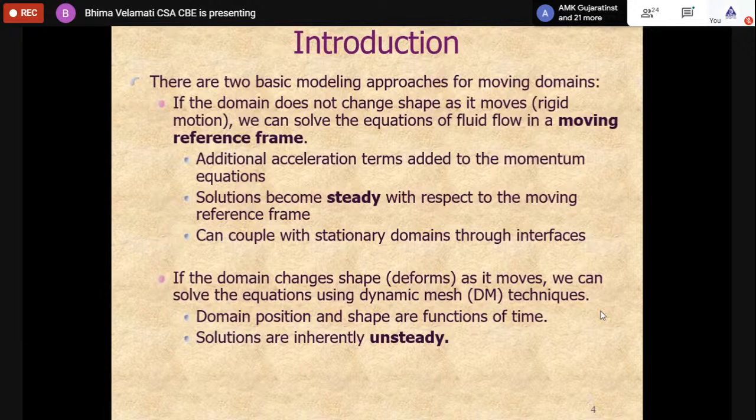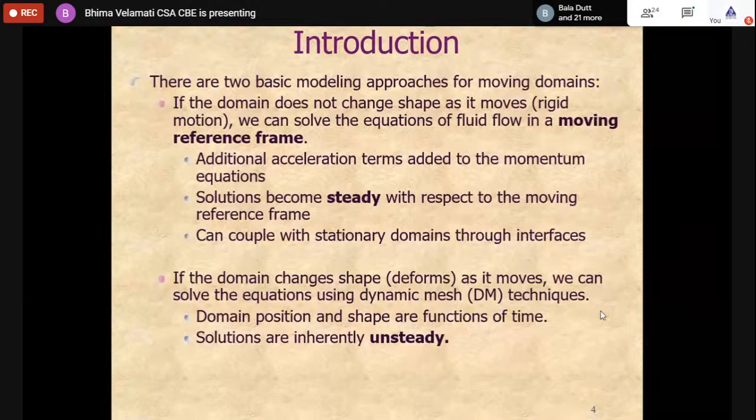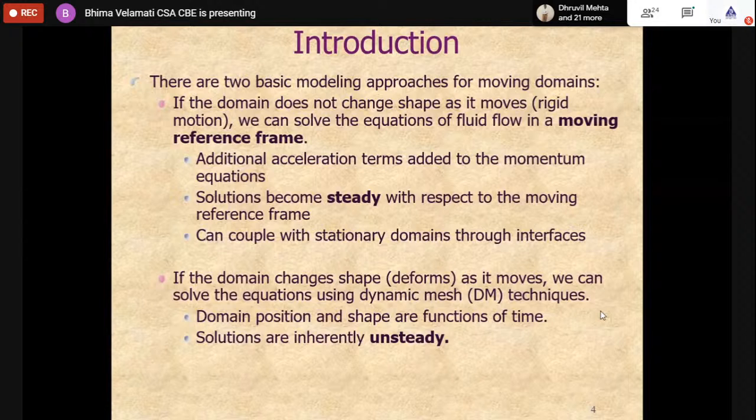Now if I solve in a moving reference frame, then the Navier-Stokes equations themselves would change. Generally when you solve for a moving reference frame, you solve for steady state flow, so solutions become steady state. Actually, when I have a motion of my object, the flow is supposed to be unsteady because my surface is moving, like a fan or a propeller or an impeller, whichever it is.